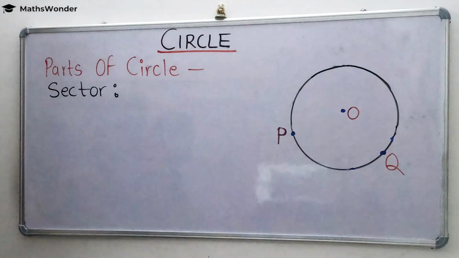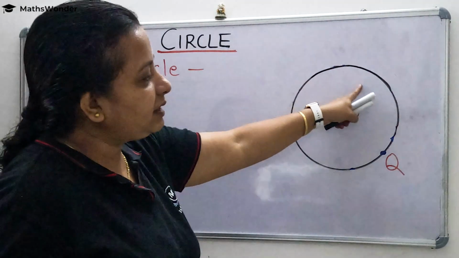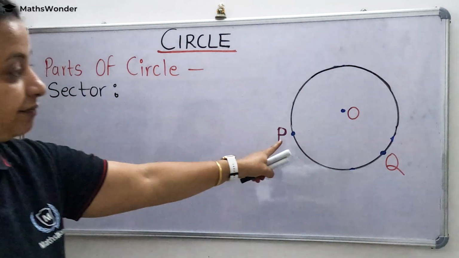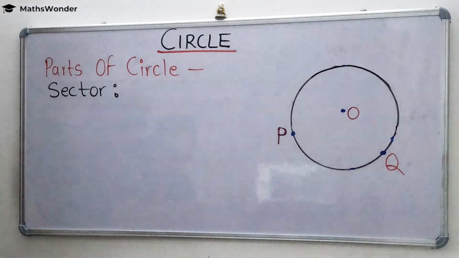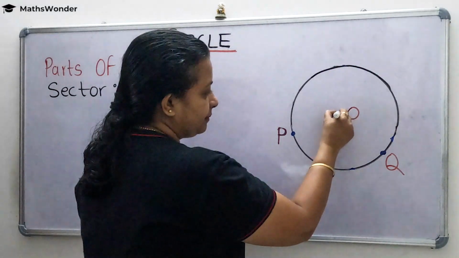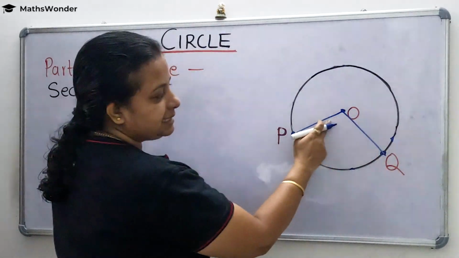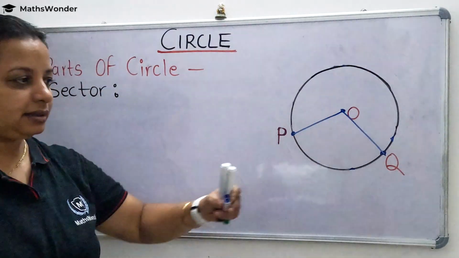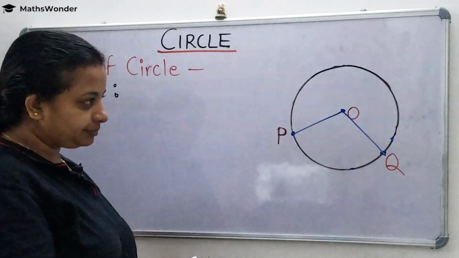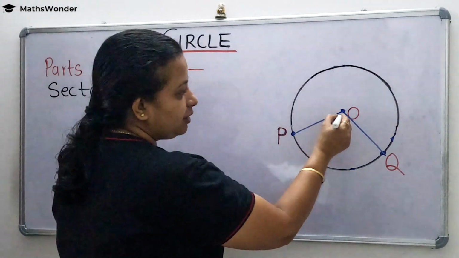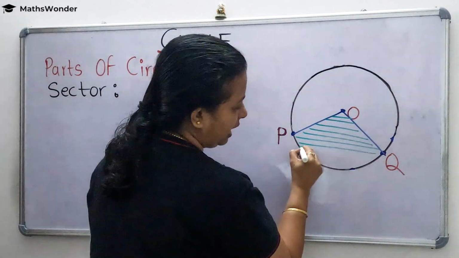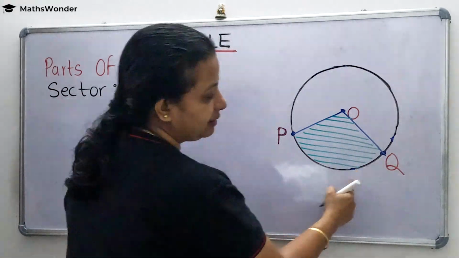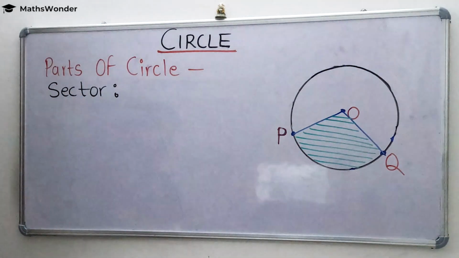A region in the interior of the circle, formed by an arc and two radii joining the endpoints of the arc, is called a sector. See, this is the interior of the circle with the arc, right? Which arc? The smaller arc, the minor arc. Then we call it a sector.